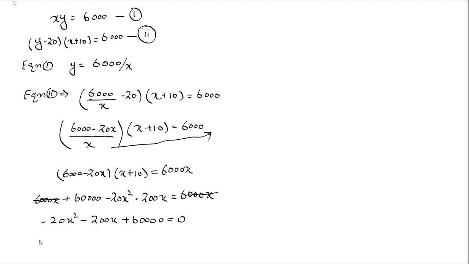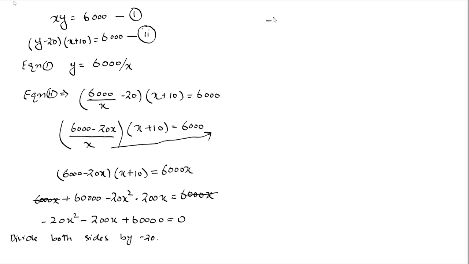We will divide both sides by minus 20. So we can get the coefficient of x square is 1, and we will also eliminate the negative sign. So divide both sides by minus 20.